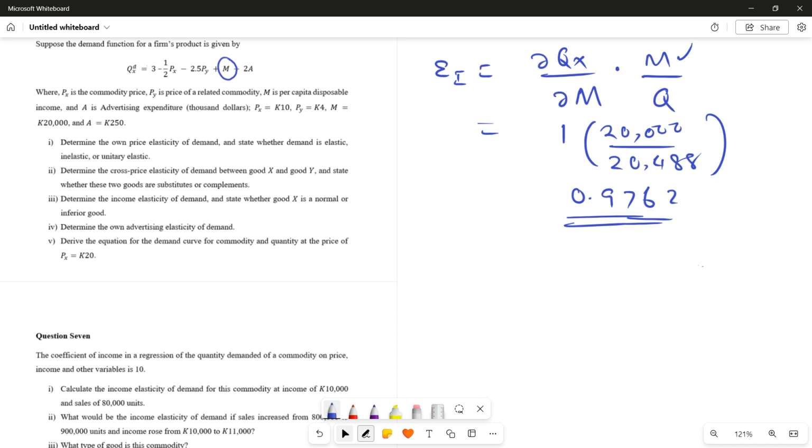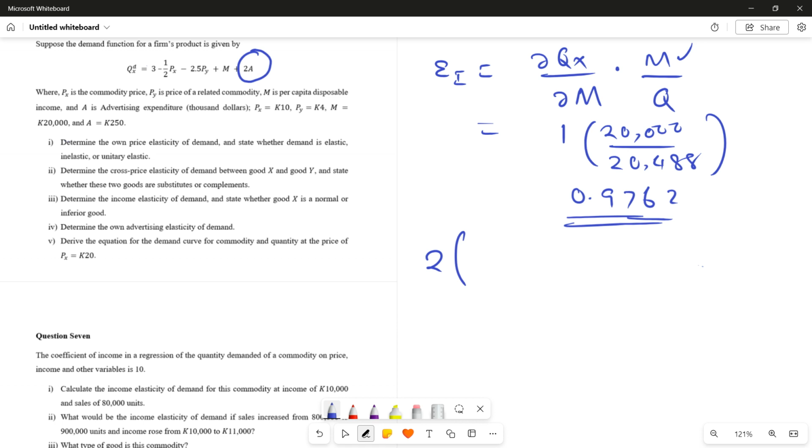These things are too simple. With advertising, advertising is represented by the 2A there. In short, that A is for advertising. When you differentiate that with respect to A, you are going to get a 2.